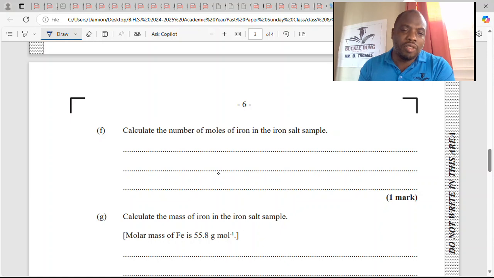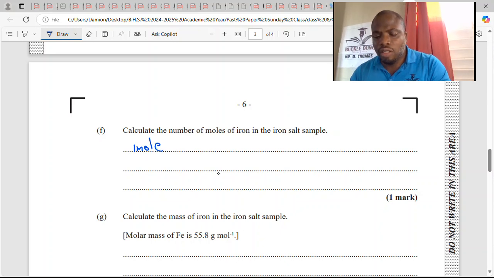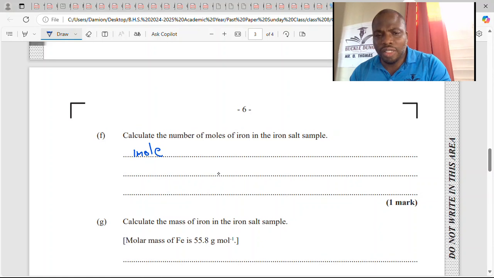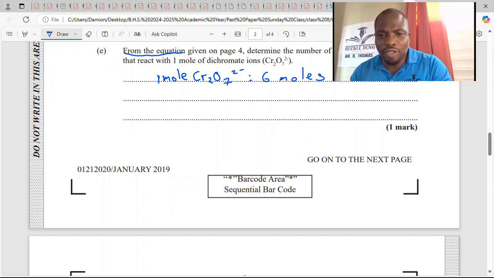Calculate the number of moles of iron in the iron salt sample. So watch me now. 1 mole. This is what I'm going to use. The thing about titration, as I always tell my students, is that what you use as you go along, you're probably going to use for the next question.